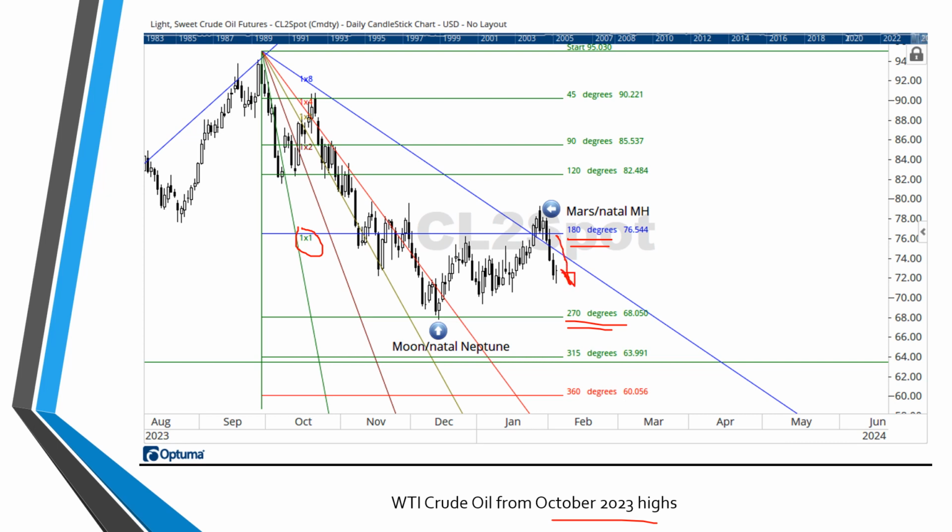Where could we go? Hard to say. We might just grind our way lower following this general slope of the 1x8 line here. Because remember, the U.S. is basically self-sufficient for the most part in oil and gas. Neighbors to the north here in Canada, yeah, we're only too happy to export our oil to our neighbor south of the border.